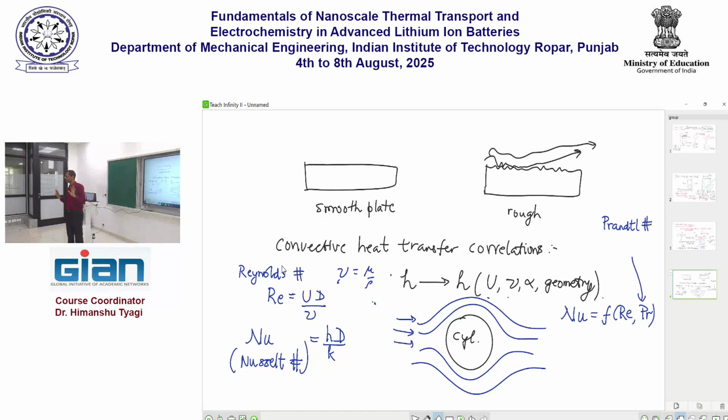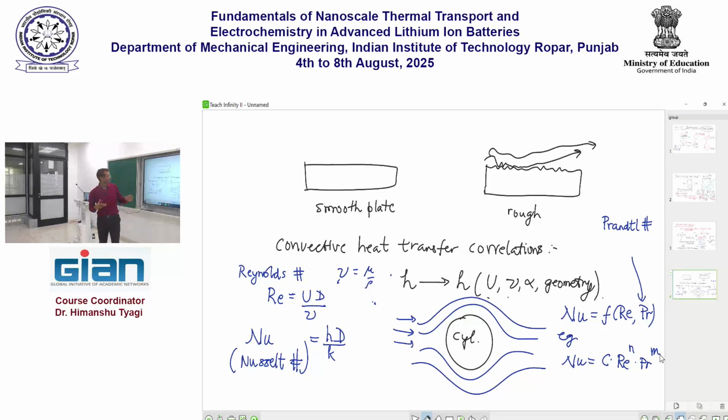Okay? Promise? All right. So for example, this non-dimensional correlation, we often write Nusselt number equals C times Reynolds number to the power n times the Prandtl number to the power m, where you can go to well-known textbooks and find out the values of C, n and m.